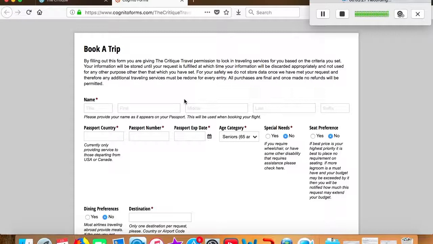But if it's some frivolous reason that you decide you don't want to take this trip, and I've already put in the time investment in searching for flights for you, then yes, I will require that there be some compensation for the time that I've invested.